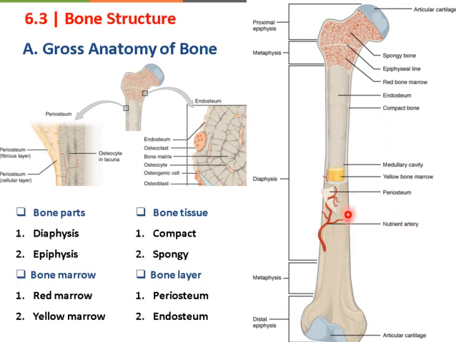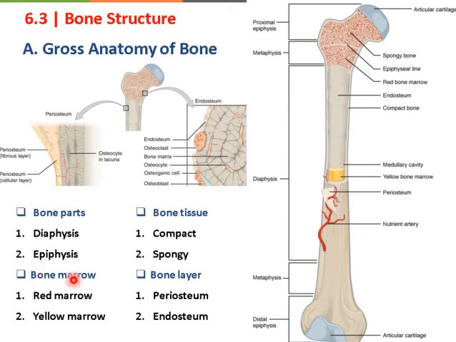In general, the long bone has 2 parts, diaphysis and epiphysis. The metaphysis is a part of the epiphysis. Now, in general, we have to know that the bone parts are diaphysis and epiphysis. Metaphysis is a part of epiphysis.